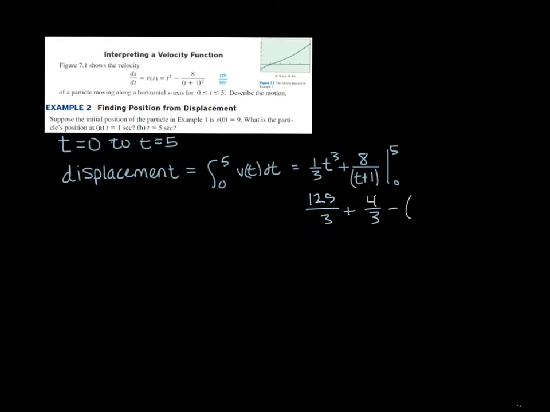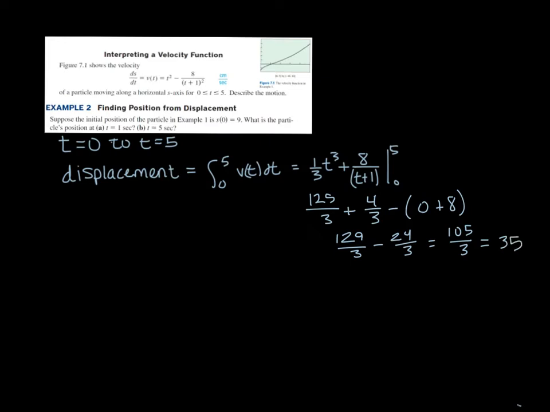Subtract, plugging in a 0, we'll get 0 plus 8. And when we add these all up, we're going to get 129 over 3. Subtract 24 over 3, giving us 105 over 3. This will equal 35.